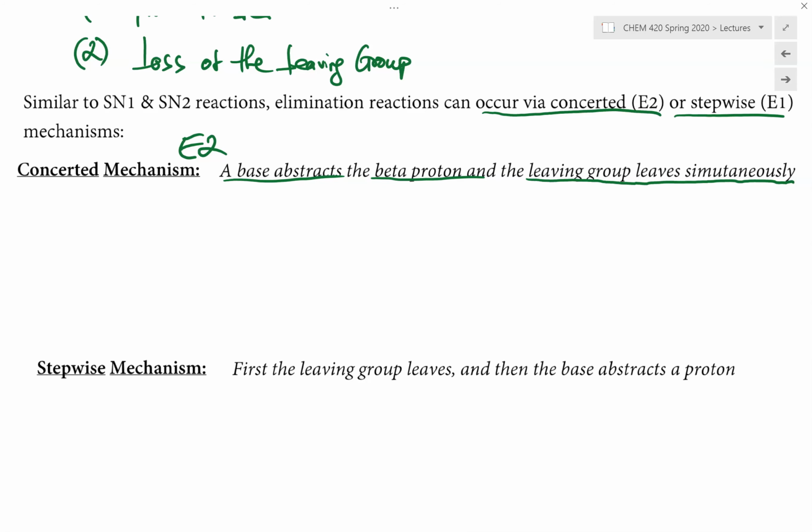For an example, let's say here we have our substrate with the leaving group. And now this would then be the beta position. Let's now draw one of the hydrogens on this beta carbon. So when we have a base, the base will then come in and pick up this proton. So this step right here is the proton transfer.